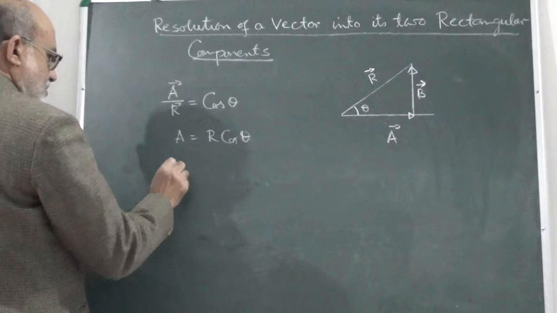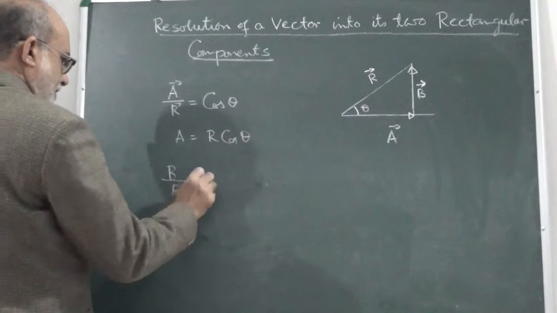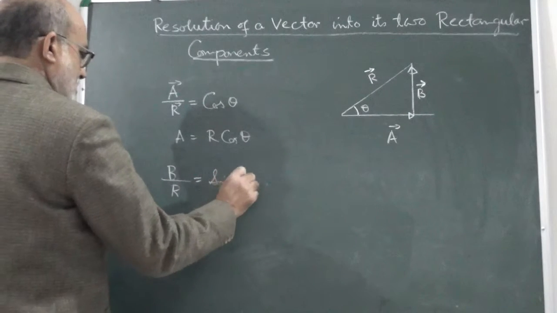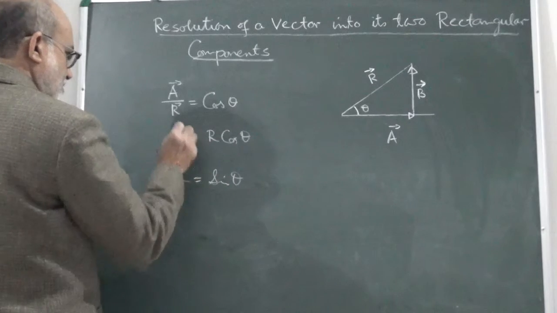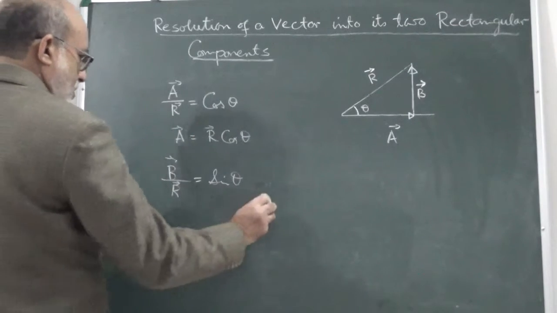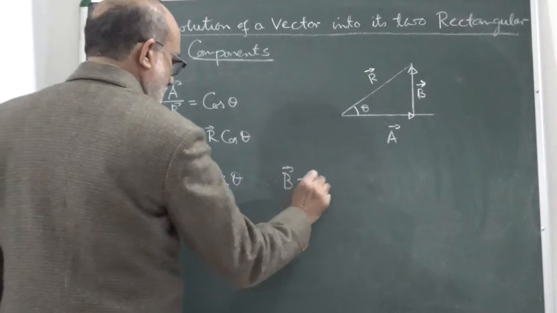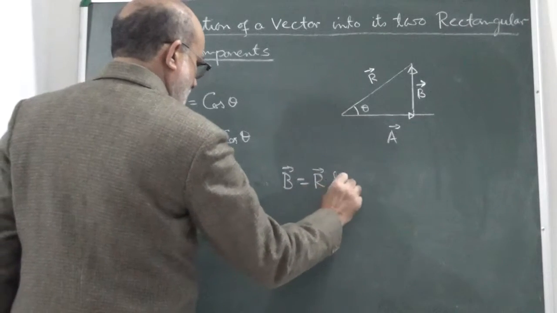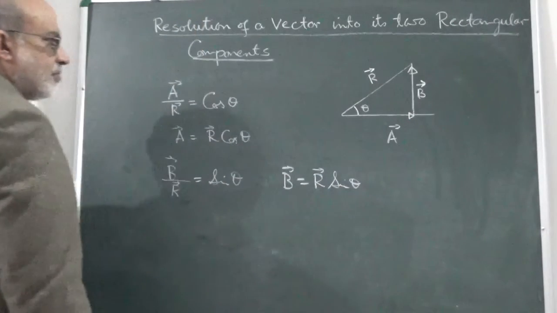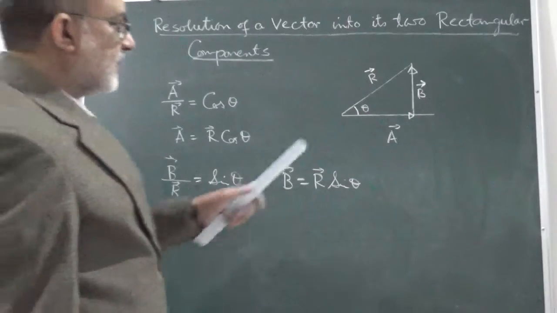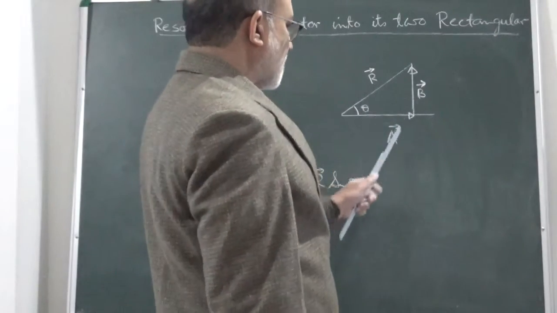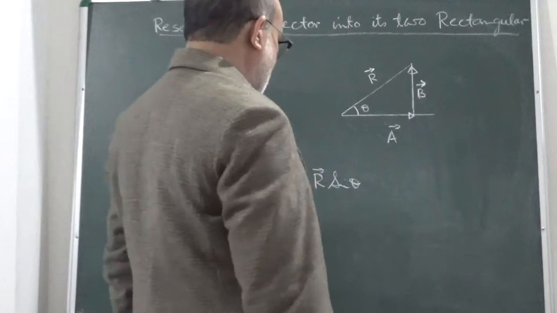Similarly, we can write B by R as sin theta, or B as R sin theta. So this is the relation between the rectangular components and their resultants.